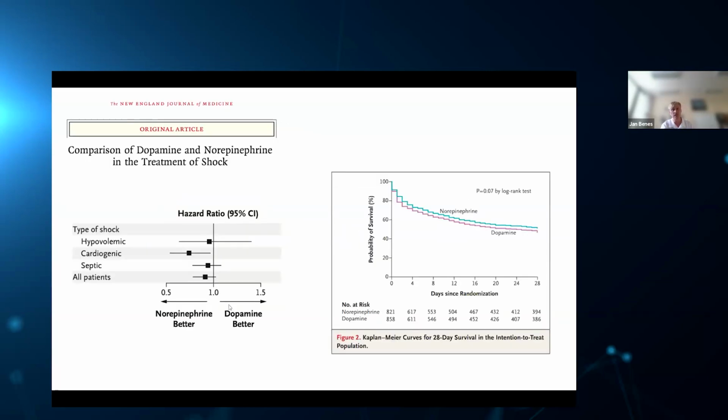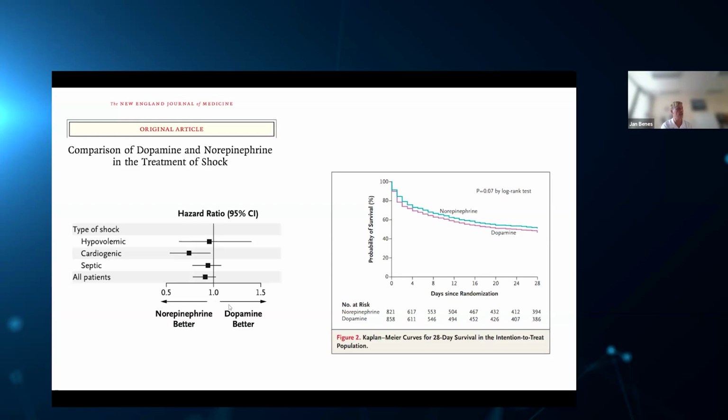Historically, we've been dealing with dopamine, and sometimes you still may see that some people use dopamine as an addition in sepsis or as a replacement for norepinephrine. Actually, this is the study by Daniel De Backer comparing norepinephrine to dopamine in treatment of shock.